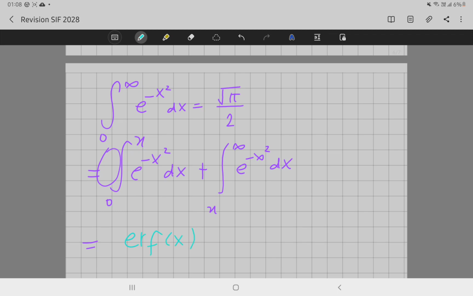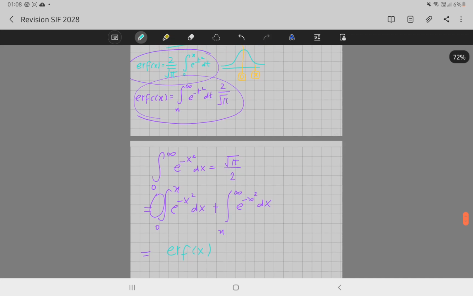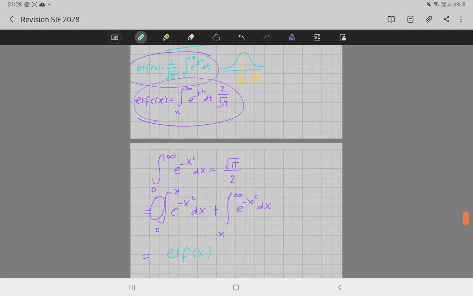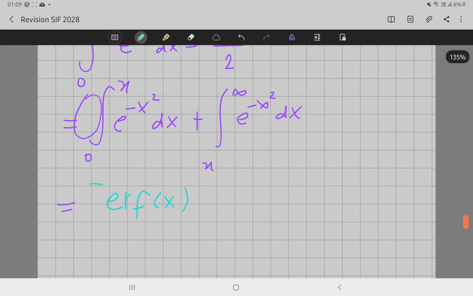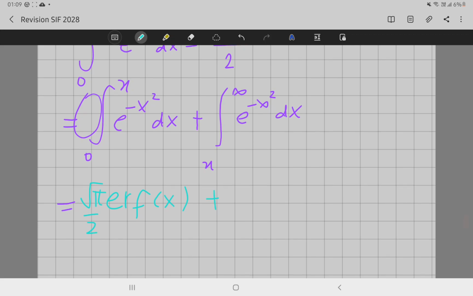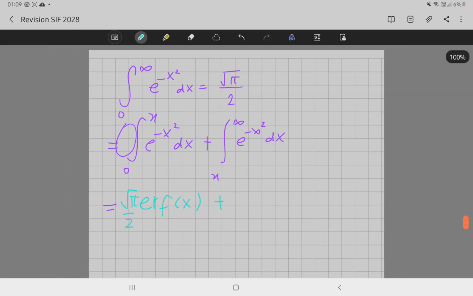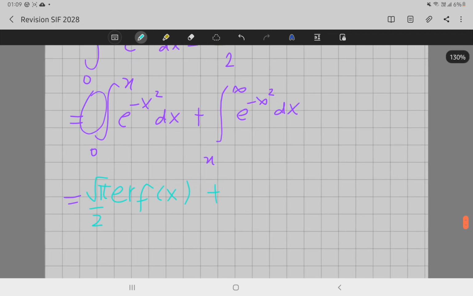It is kind of similar, but we need to manipulate the equation. So square root pi over 2 plus this one we don't know yet, the integration from x to infinity of e to the minus x square dx.